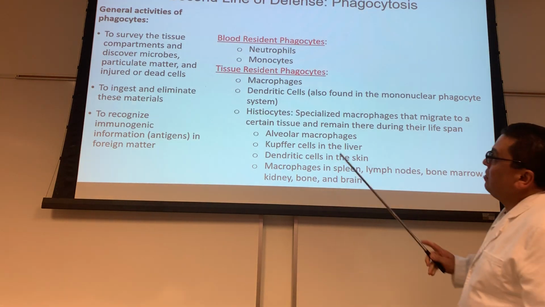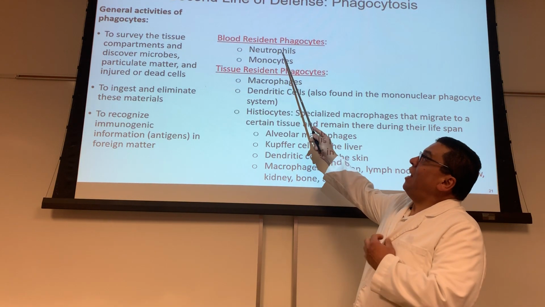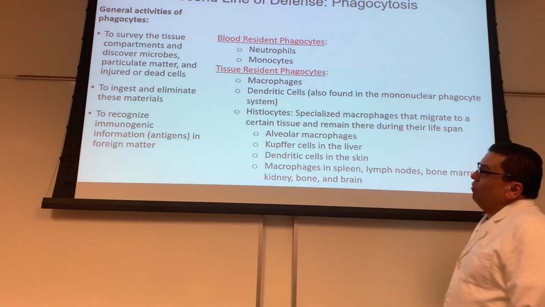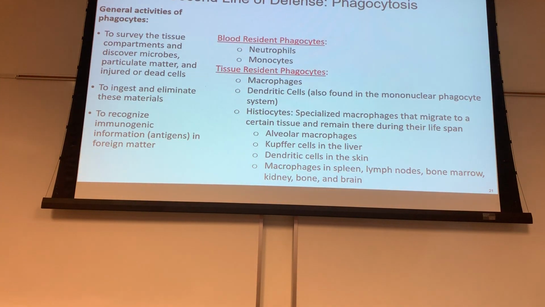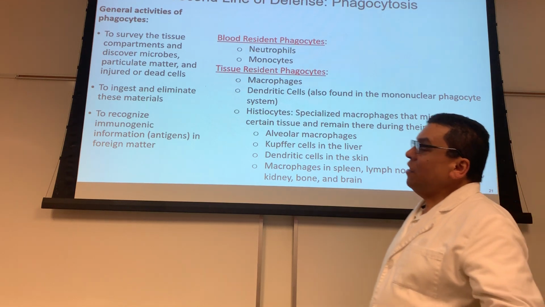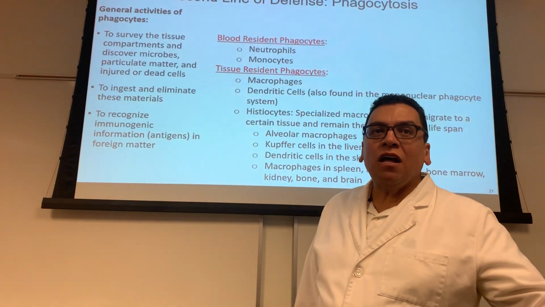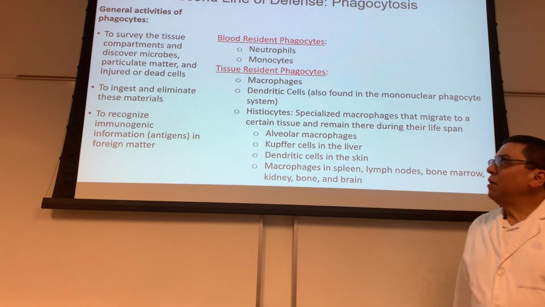Some of these white blood cells reside in the blood, specifically the monocytes, but once they move into your tissue, they become a different cell called a macrophage.